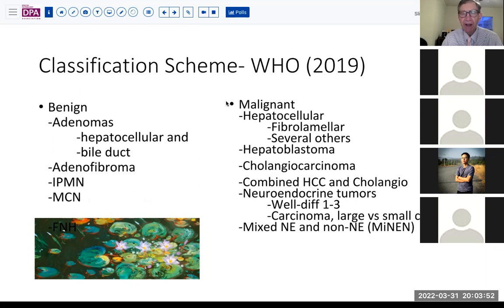On the malignant side of things, we have hepatocellular carcinomas with several variants. The more significant variant is fibrolamellar hepatocellular carcinoma, because that has both a different genetics and a different clinical presentation, age group, and so forth. And then just several other morphologic and other variants of hepatocellular carcinoma.